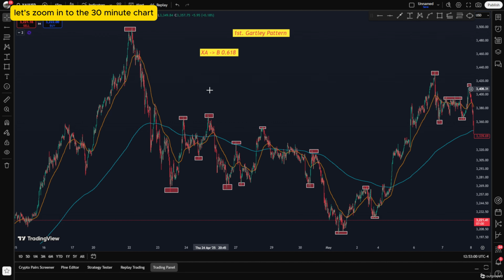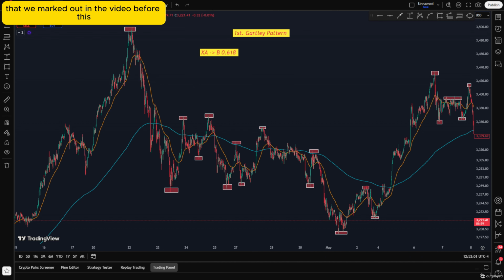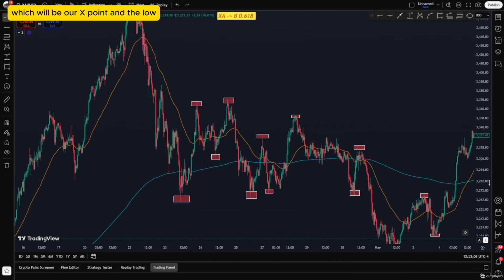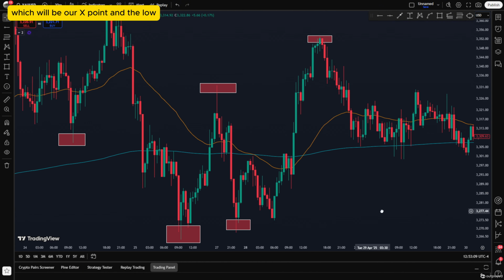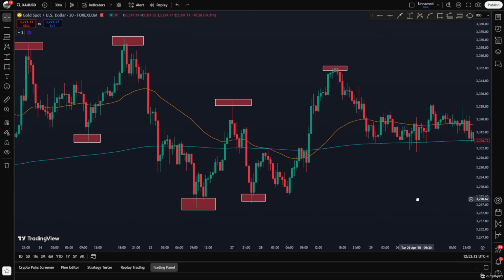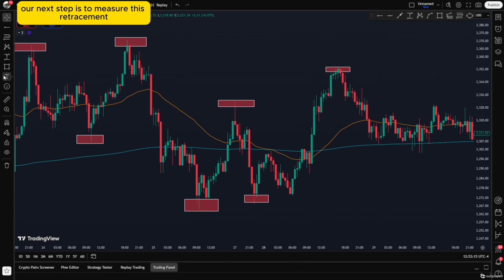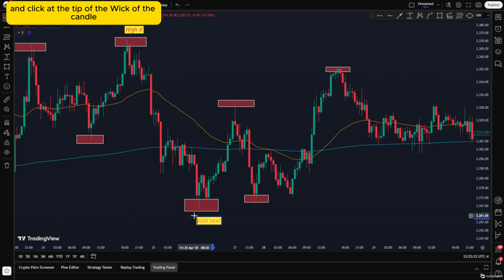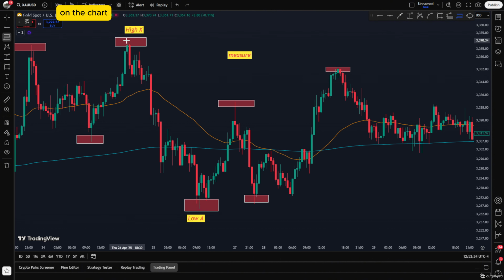Let's zoom into the 30-minute chart and use these anchor points that we marked out in the video before this. So we have the high, which will be our X point, and the low, which will be our A point. Our next step is to measure this retracement from X to A. So I get the Fib tool and click at the tip of the wick of the candle and drag it to the lowest point of the wick on the chart.